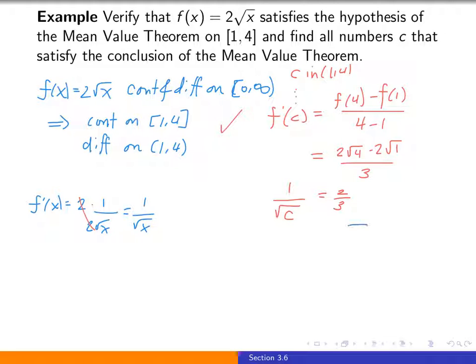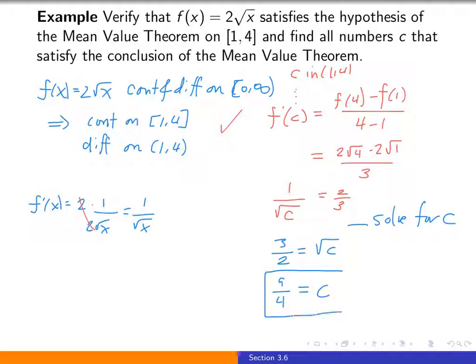So we need to, at this point, solve for c. So we can multiply both sides by 3/2 and multiply both sides by the square root of c. And then to get c out of the square root, we will square. So 9/4 is equal to c. So we verified that the hypotheses of the mean value theorem are satisfied, and there is one such c value where we get the desired conclusion, and that's c equals 9/4.